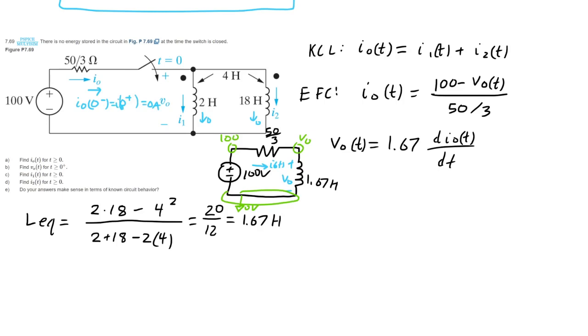And the voltage VO 0 plus, since the current is 0 and the voltage drop across the resistor is 0, that's going to be 100 volts. And VO infinity, once you reach a steady state, is going to be 0 volts. So just keep those in mind.